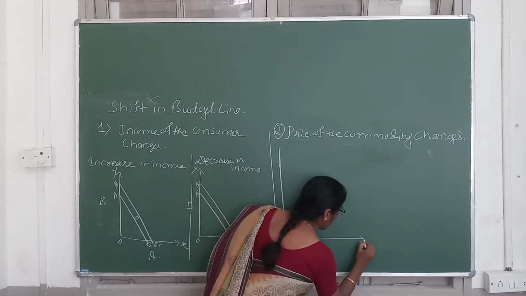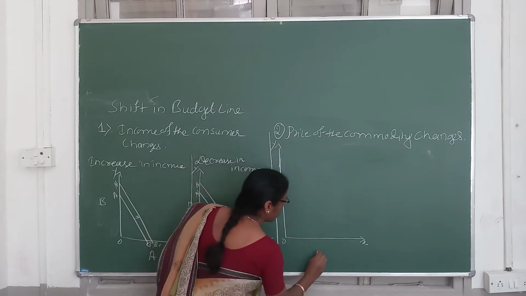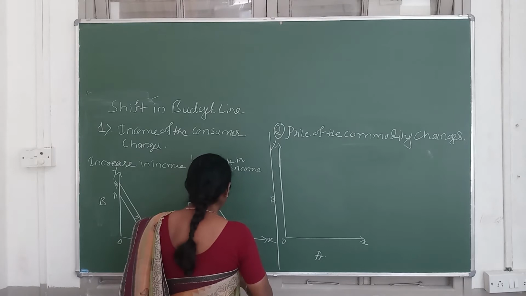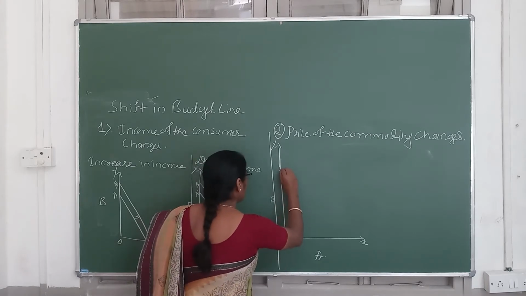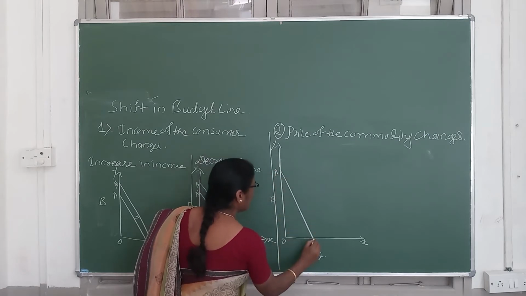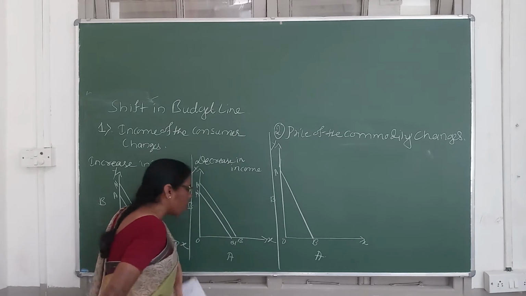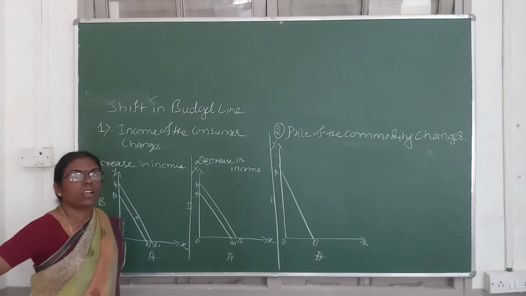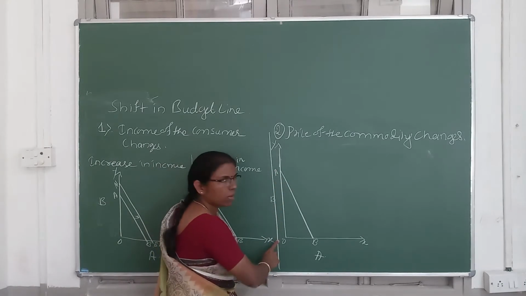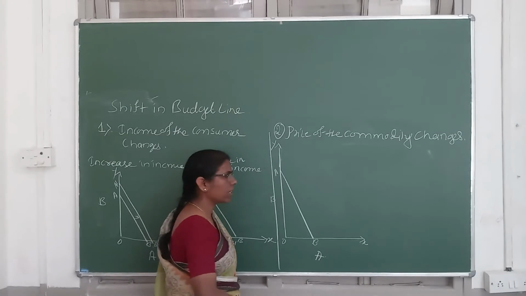This is OX and this is OY. Apple is measured here and banana is measured here. This is the budget line AB. Suppose the price of apple decreases and the price of banana remains the same in the market.